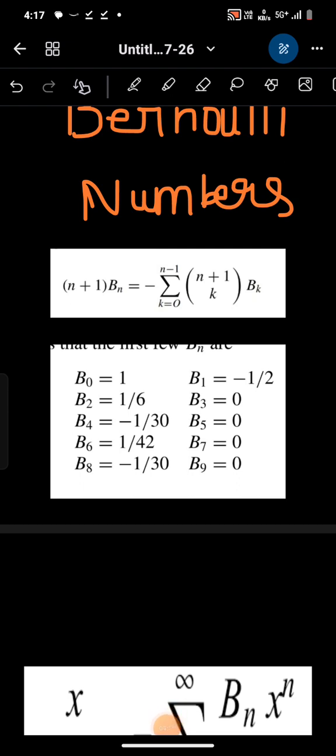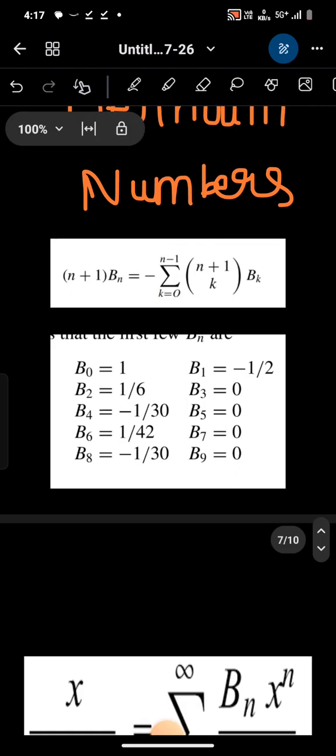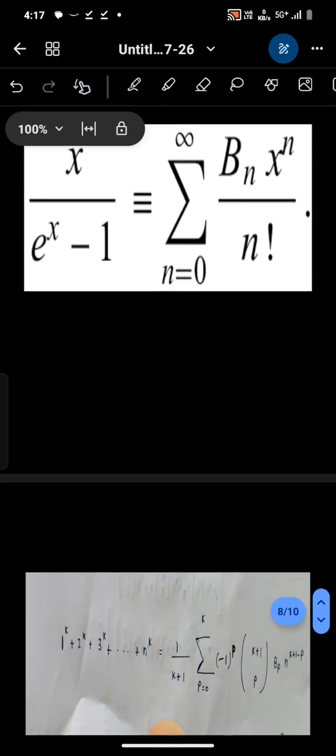So what is the relation between Bernoulli numbers and the sum of kth powers of n natural numbers? So let's see.